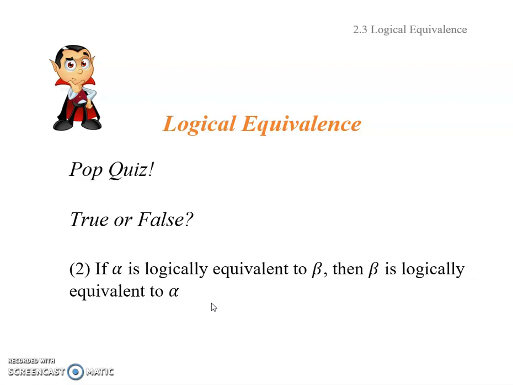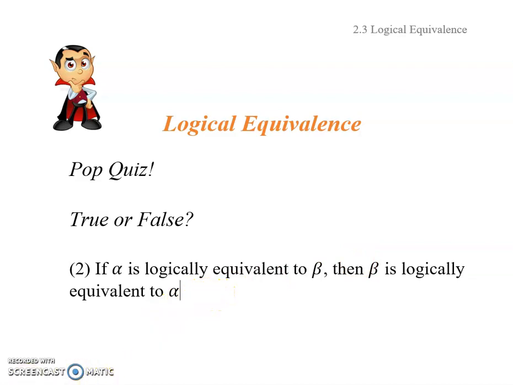If alpha is logically equivalent to beta, that means, among other things, that alpha tribar beta is a tautology. So alpha and beta are always taking the same truth value, either both true or both false, right? But then beta tribar alpha, those are always going to take the same truth value, and therefore beta tribar alpha is going to be a tautology as well, making beta and alpha logically equivalent to one another.